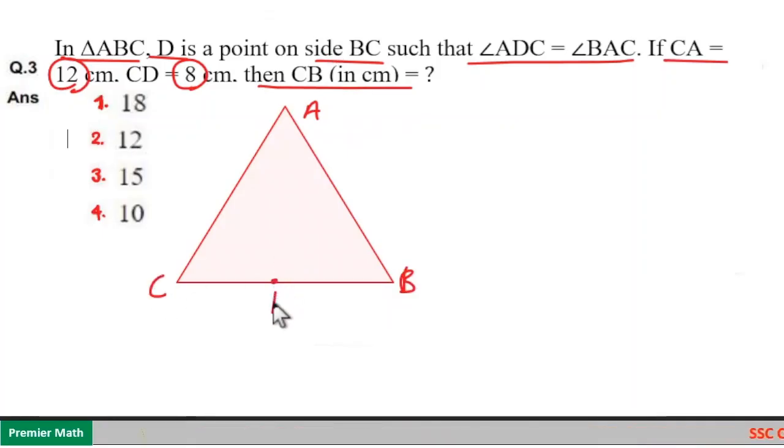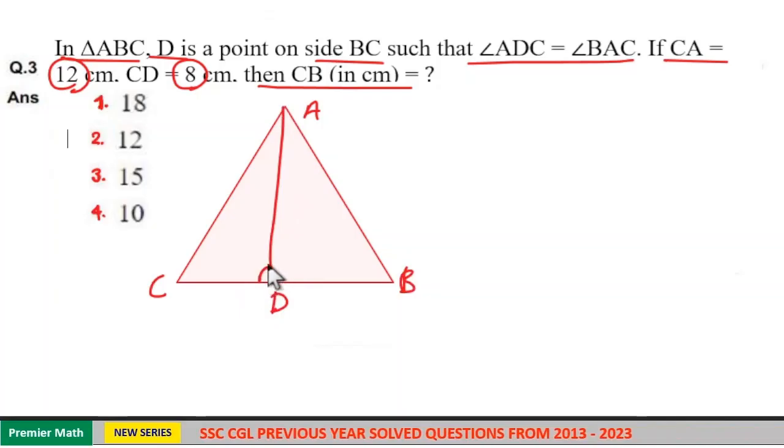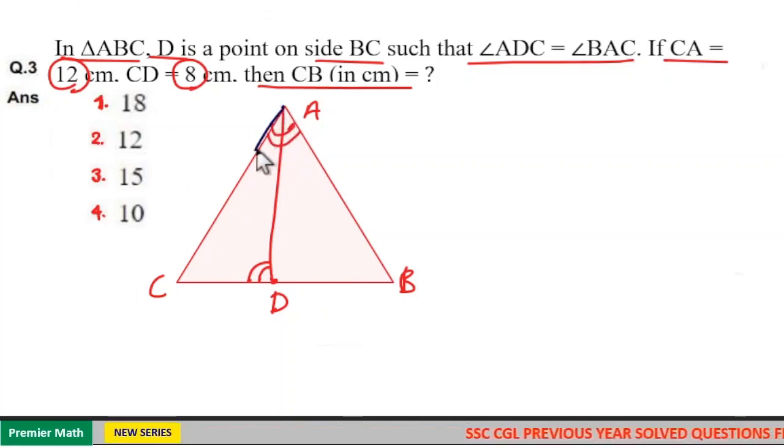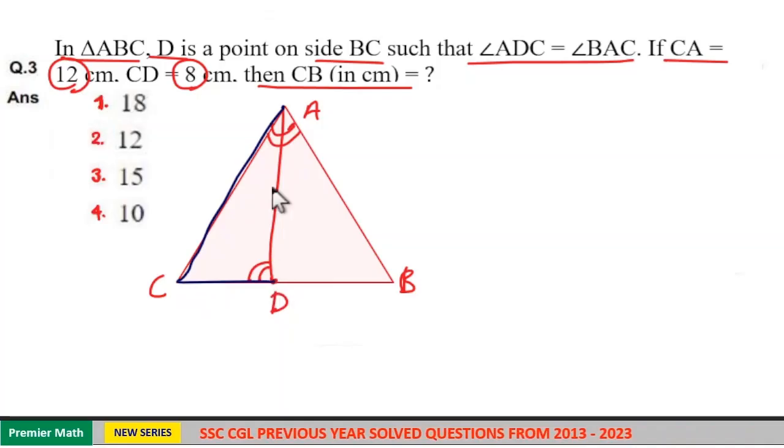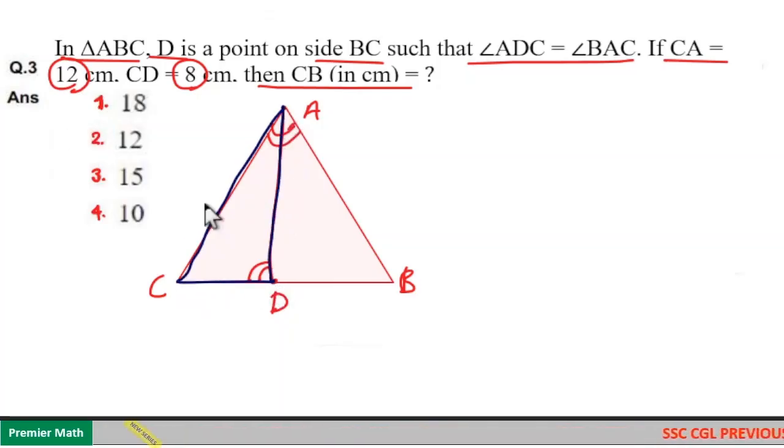Now this is point D on BC. Angle ADC is equal to angle BAC. Here, if you take this smaller triangle and this larger triangle, these two triangles are similar because you can see this angle C is common.